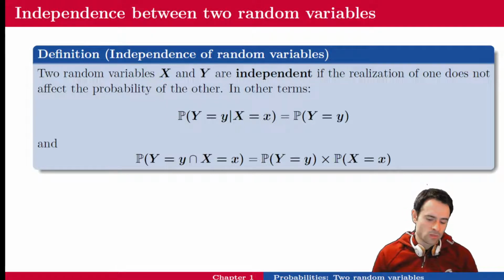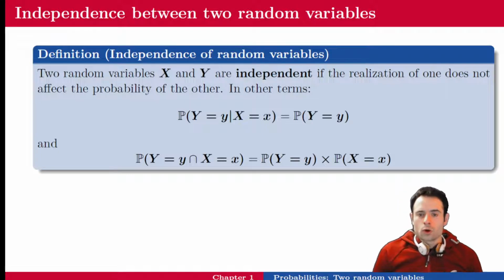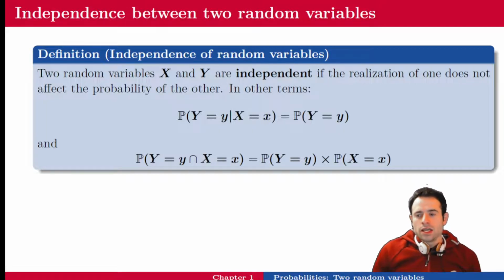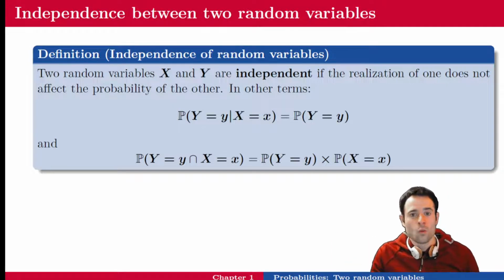An example. Imagine that the proportion of smokers among men and women is the same. 30% of men smoke, but also 30% of women smoke. It means that it doesn't matter if I look at a man or a woman, the probability of finding a smoker will be the same.